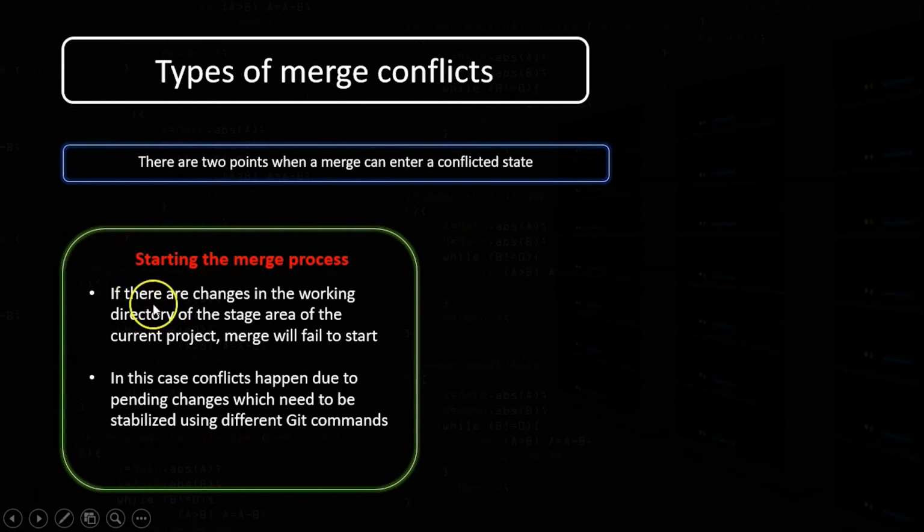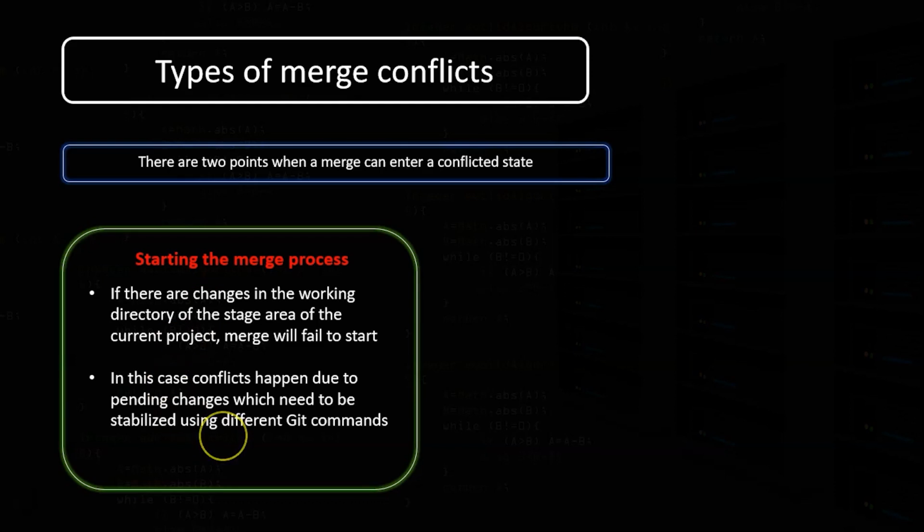If at any moment there are changes in the working directory, and these changes are getting moved to the staging area of the current project, then during the merge activity itself the merge will fail because there are modifications present in the working area.